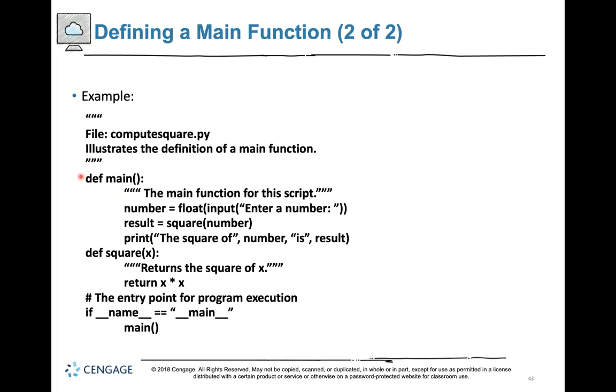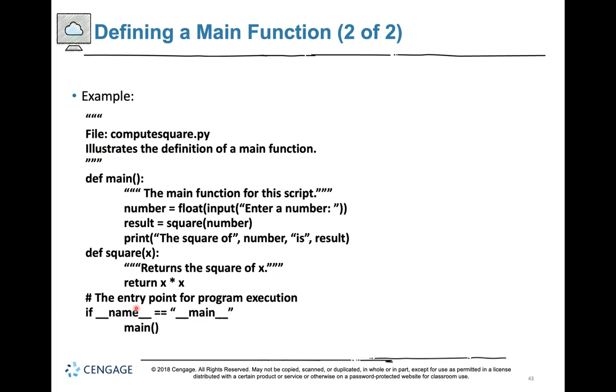So the Python interpreter is going to see, okay, you've got a definition of the function main and another definition of the function square. Then it's going to execute this if statement. This if statement checks the name of the current module, which is a special attribute that's available, and checks if it equals "__main__". This is the name given to your program, if you have it here as compute_square.py.